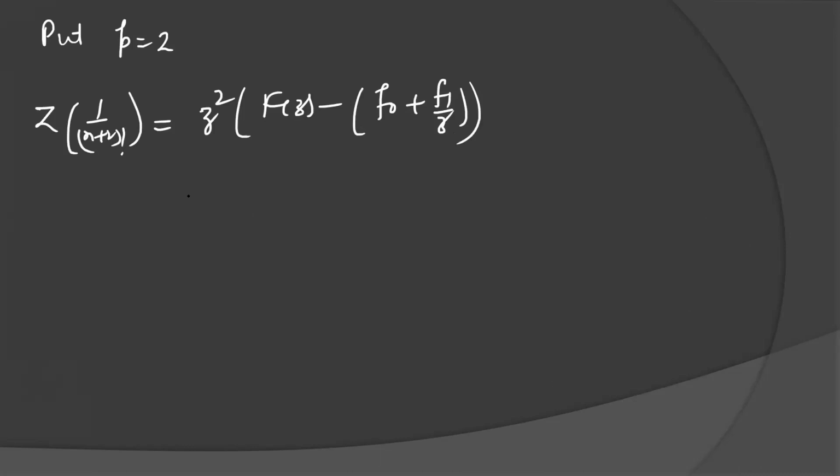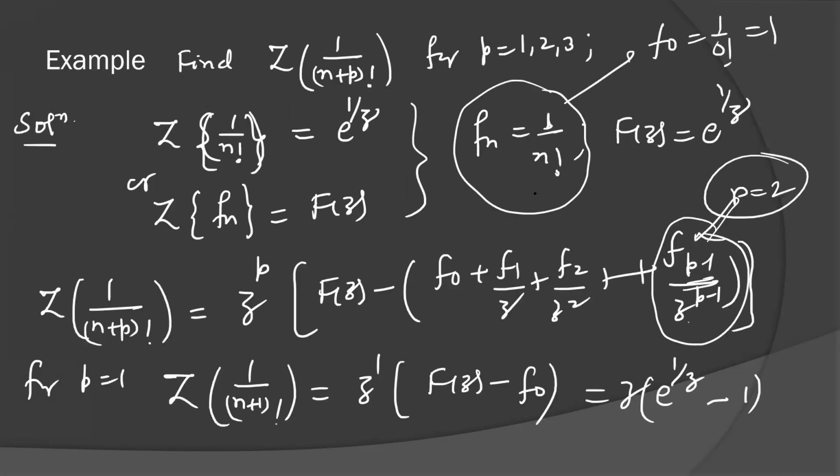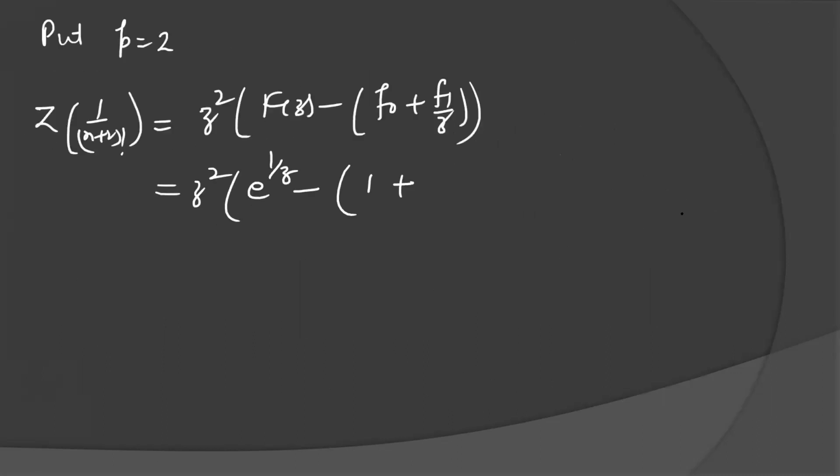So we have to go up to f1 over z. F(z) is e to the power 1 by z. f0 is 1. What about f1? If you see f1, f_n is this one. So f1 will be 1 over 1 factorial. So it will be again 1. So 1 over z. Or you can write z square e to the power 1 by z minus z minus 1 over z.